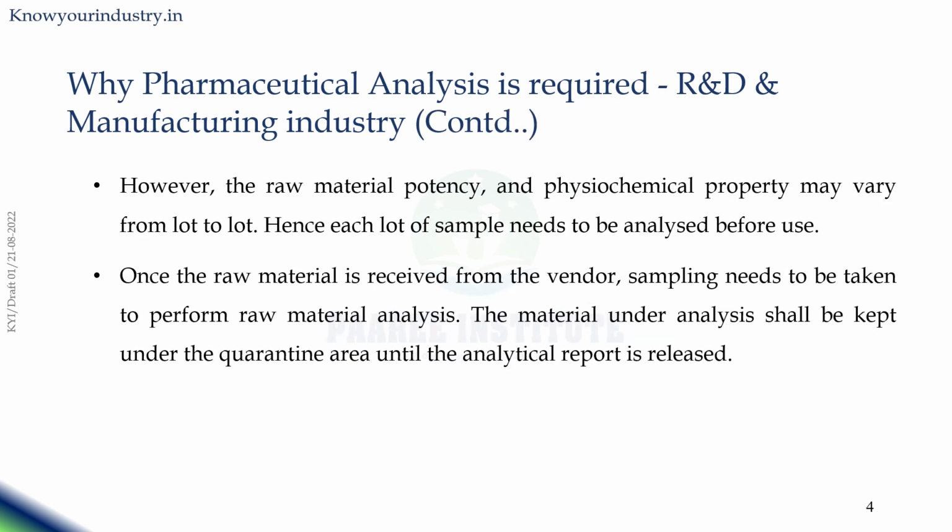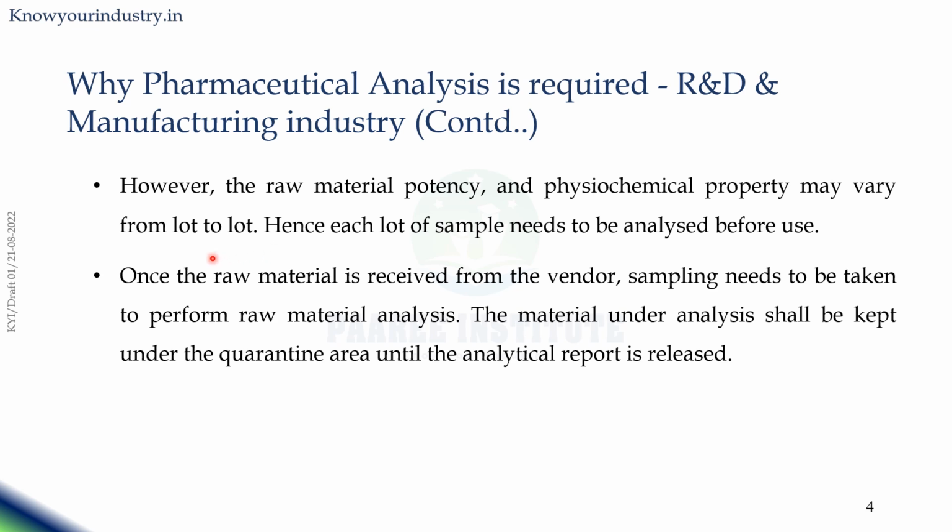Once the raw material is qualified by the quality assurance department of the purchaser, the supplier will supply the raw material to the R&D or the manufacturing unit. Then the raw material, once procured, will be tested for its potency and physicochemical property because it may vary from lot to lot.